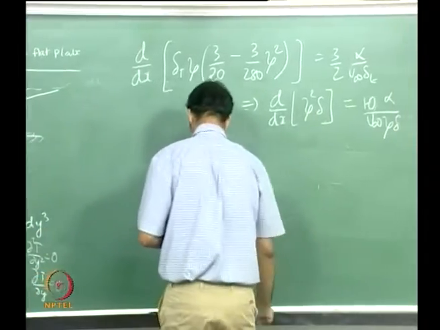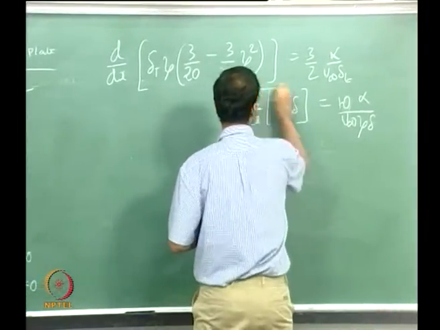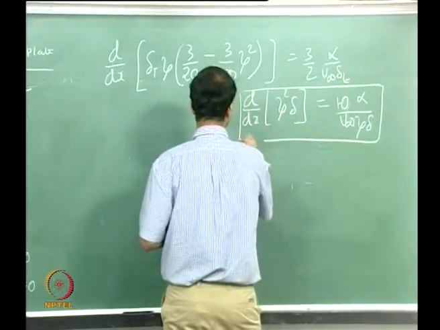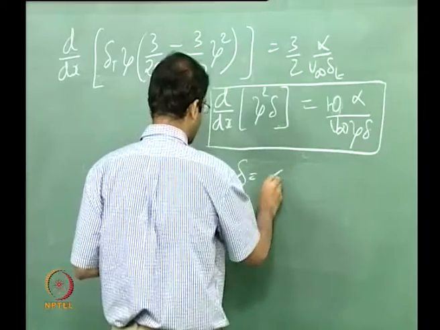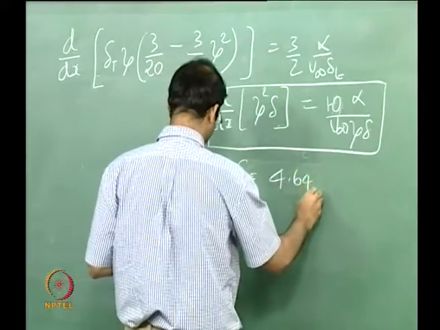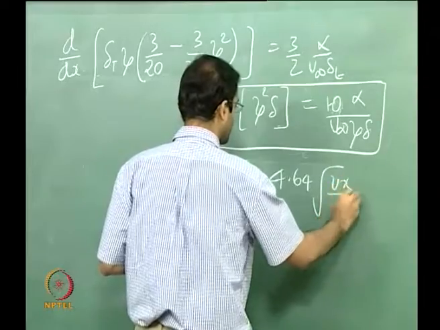This is my equation. If I substitute for the cubic velocity profile, delta was 4.64 square root of nu x by u infinity.